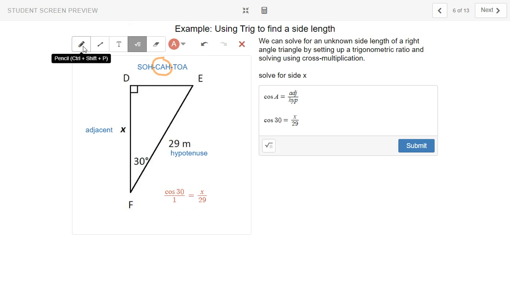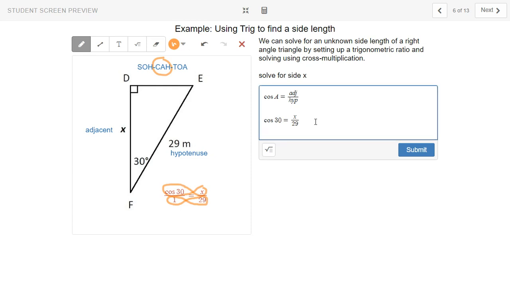We're going to cross multiply next. When I cross multiply, I'm going to take these two, and that will equal these two.